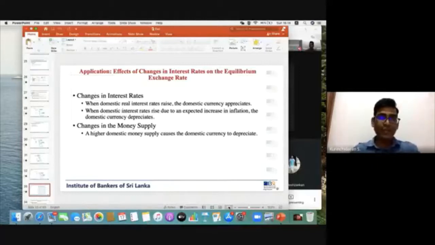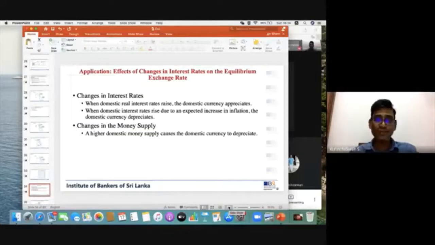Okay, now when it comes to application, you can think of the effects of changes in interest rate on the equilibrium exchange rate. Changes in interest rate. When the domestic real interest rate rises, the domestic currency appreciates, right?